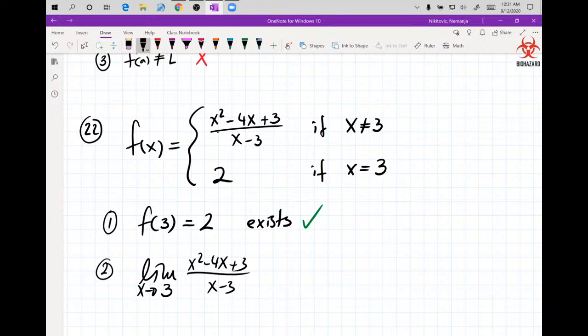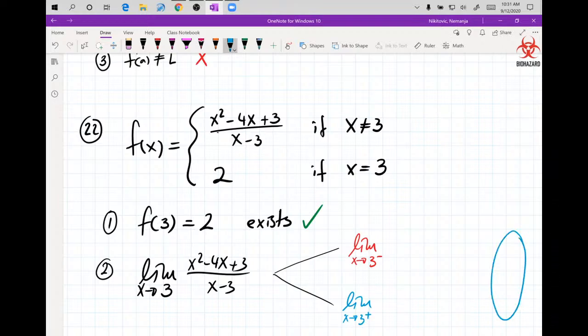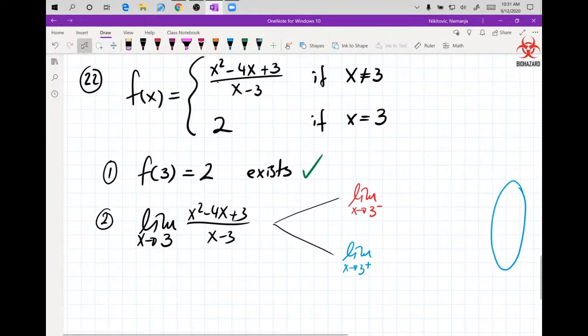That means that I have to break this problem into the left limit, approaching from the left, so x approaches 3 minus, and then the blue one, limit as x goes to 3 plus over here. If those two numbers are the same, then the overall limit exists and we say pass. If these numbers don't agree, then we fail the second rule, because the limit does not exist.